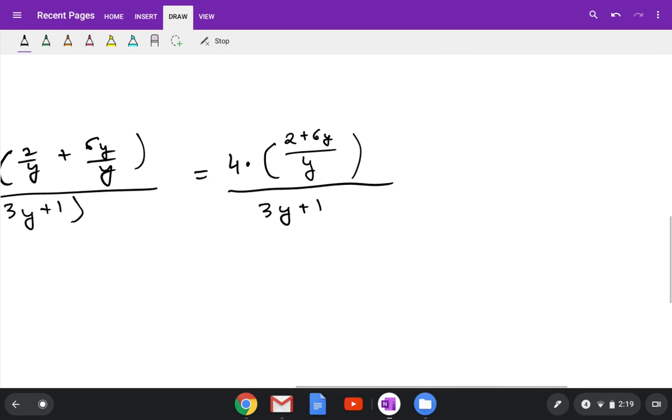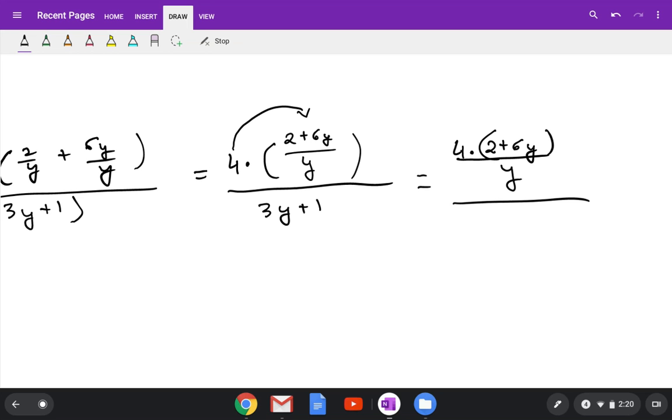Now when I add fractions together in parentheses, I'm going to rewrite this. I'm going to multiply that 4 by numerator. So that will be equal to 4 times 2 plus 6y over y, and divide everything by 3y plus 1.